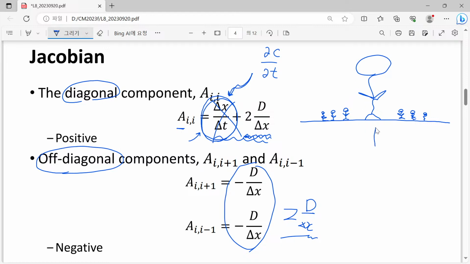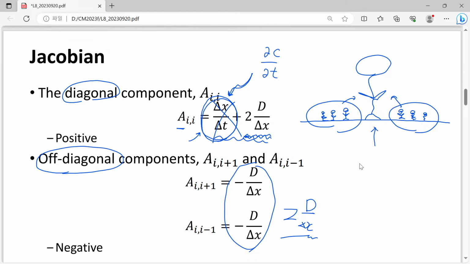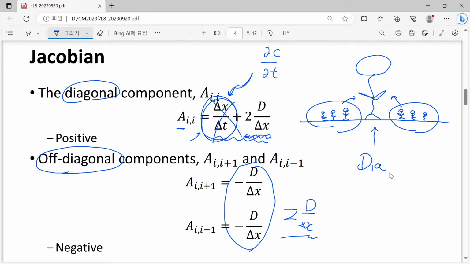This one is an enemy of all of them, and they fight. Right? This is the case. This is diagonal, and this is off-diagonal.